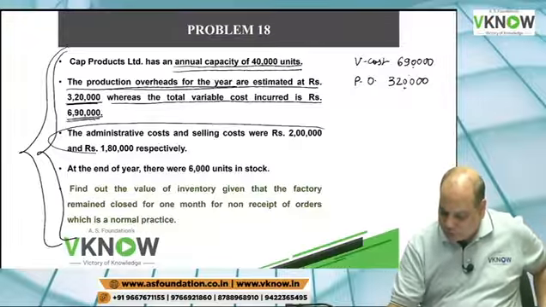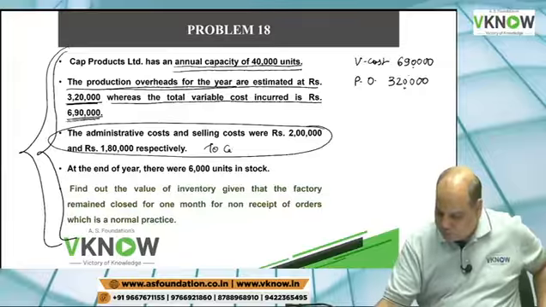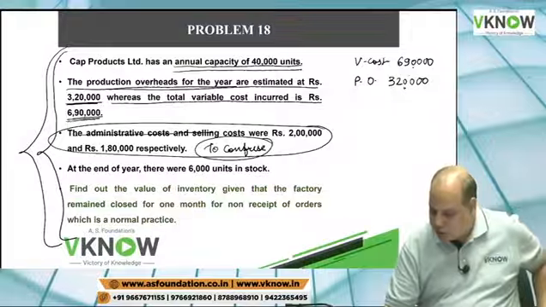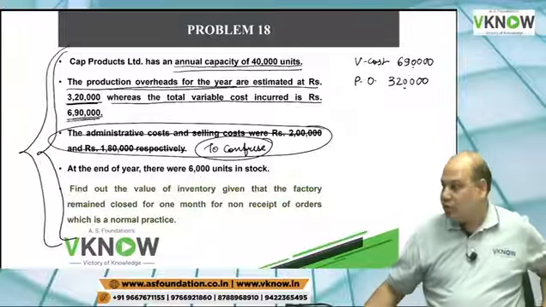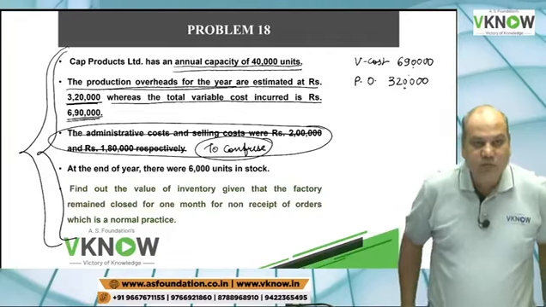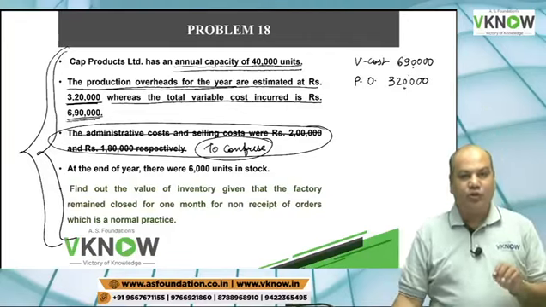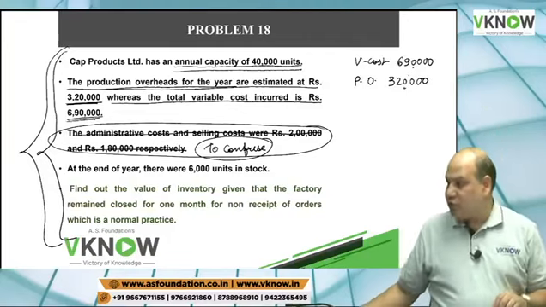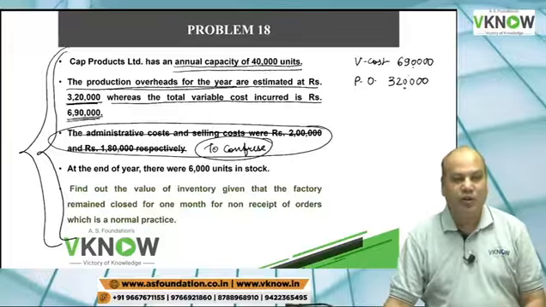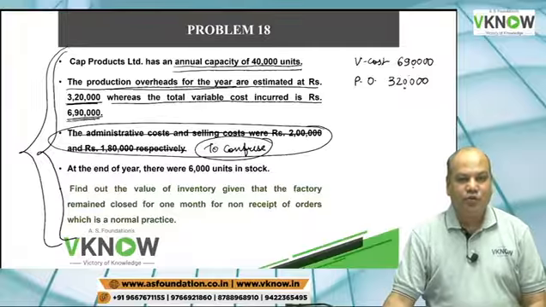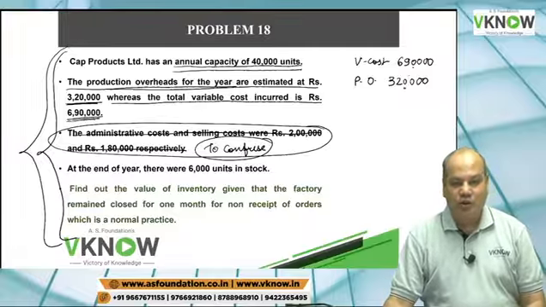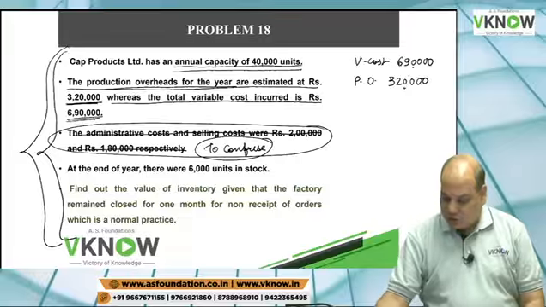Now this is given to confuse you. We will not include administrative cost and selling cost. Only if the problem clearly says that administrative cost relates to bringing the inventory to its present location and condition, we as students will not include administrative and selling cost in inventory valuation.